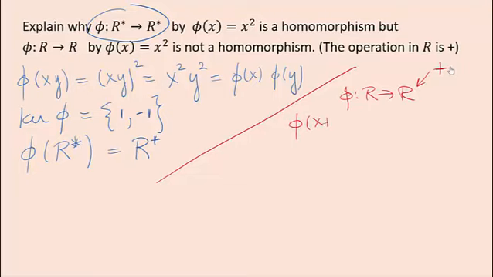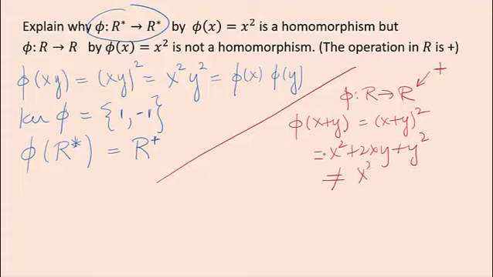Phi of x plus y, which is equal to x plus y squared, which is equal to x squared plus 2xy plus y squared, is not equal to x squared plus y squared. So phi of x plus y is not equal to phi of x plus phi of y.